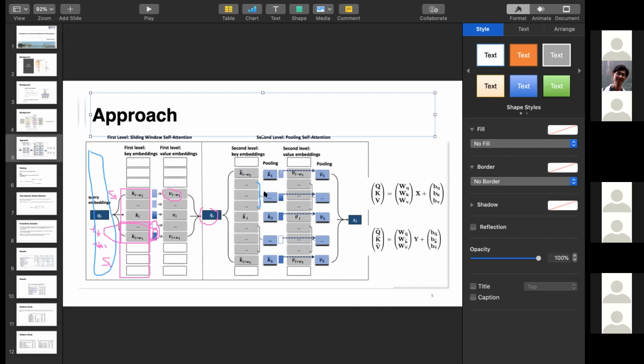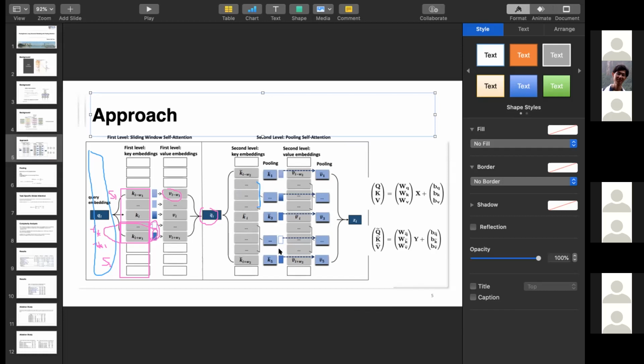It has a kernel size and a stride size, which can be defined in the model, and it will aggregate the information within the kernel size to generate this pooling vector. If we use mean pooling, then we calculate the mean of these K tokens and generate one new K token, and use this Q times this new K token to generate the attention score for this K.